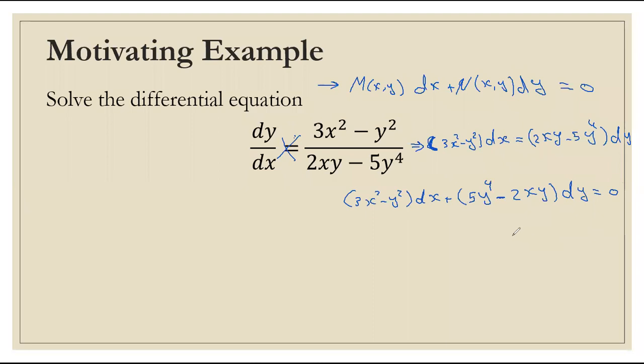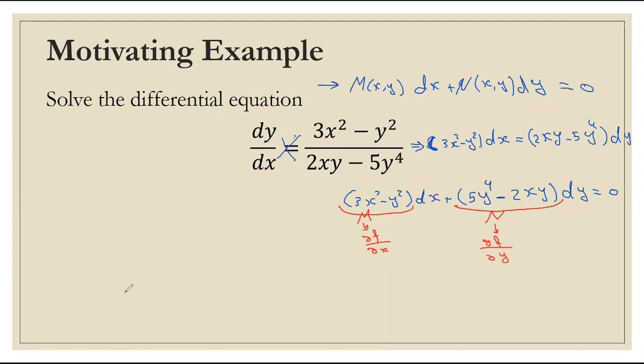Now, my idea is that this one is M, this one is M, and this one is N. So this M is the partial derivative of f with respect to x, and this N is the partial derivative of f with respect to y.